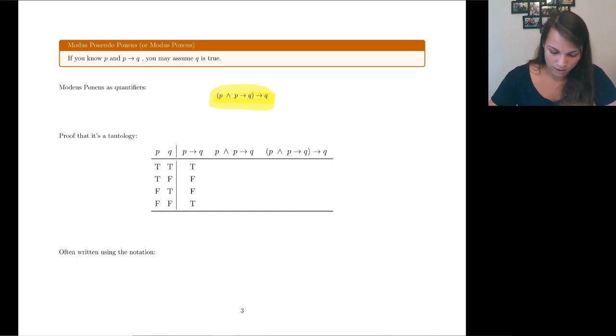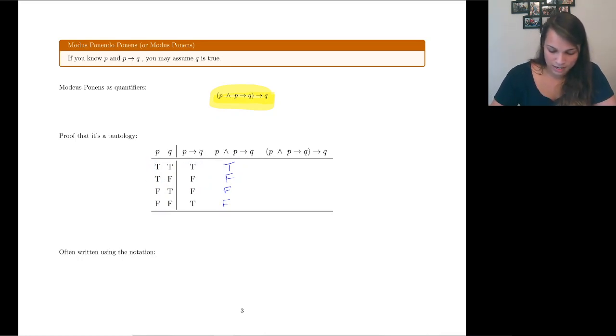You've seen it before. If we have P and the conditional, in order for it to be true, we need that to be true and that to be true. But that's the only time they're ever going to line up, because when this is true, this guy's false, and P was false for the other two.